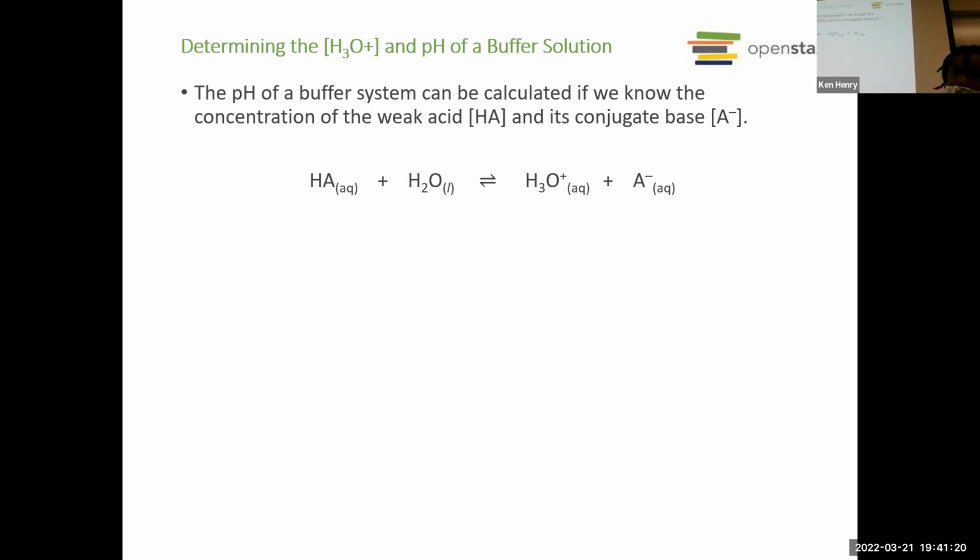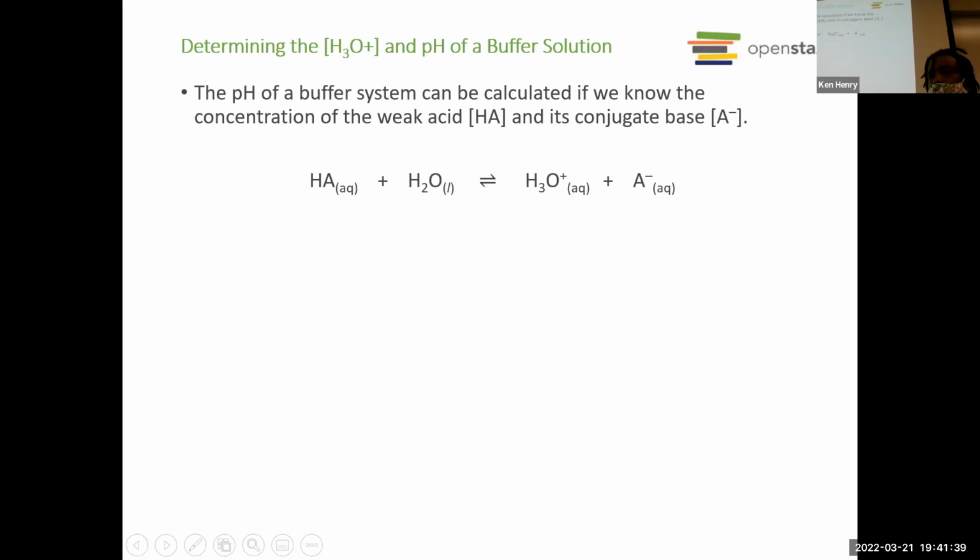Okay. So the Henderson-Hasselbalch equation, that's what we're getting to. This is just the general equation for an acid. Here, this is representing the weak acid, and this here is going to be its conjugate base.